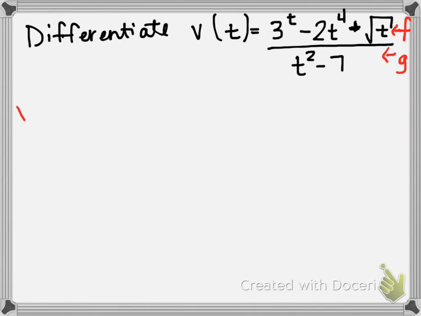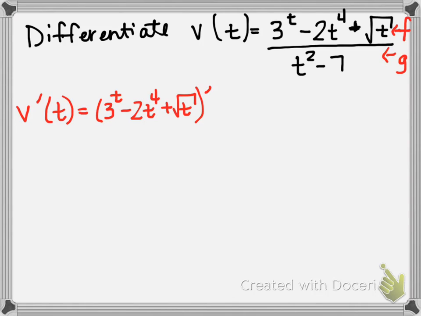So when we're finding the derivative, we want to first find the derivative of the numerator, so 3 to the t minus 2t to the fourth plus the square root of t. That's what we find the derivative of first. And then we multiply by the denominator, t squared minus 7. I haven't done it yet.